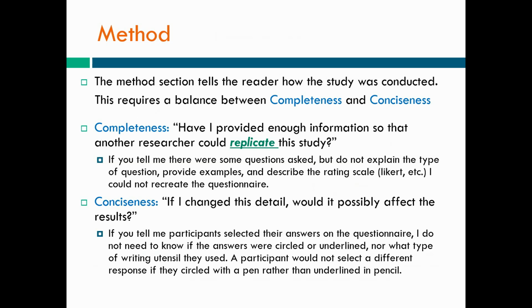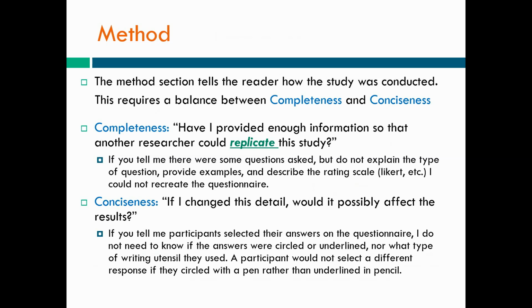So here, if you read that chunk at the bottom, if you tell me participants selected their answers on the questionnaire, I do not need to know if the answers were circled or underlined, nor what type of writing utensils they used. A participant would not select a different response if they circled with a pen rather than underlined in pencil, meaning that too much detail is also overkill.